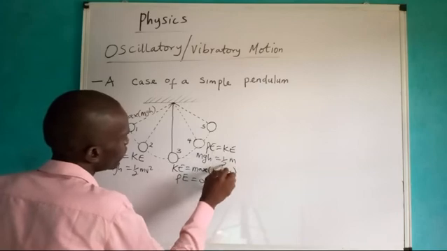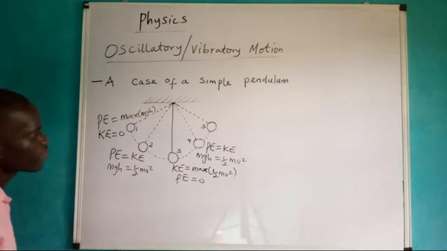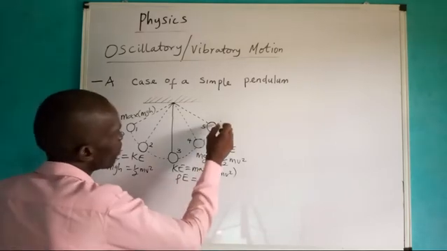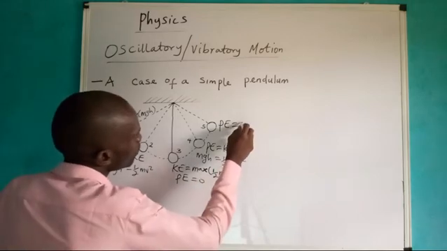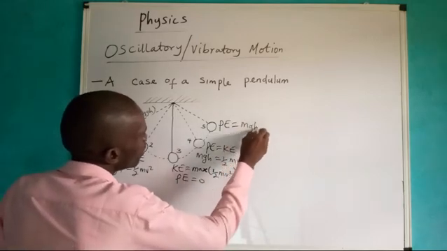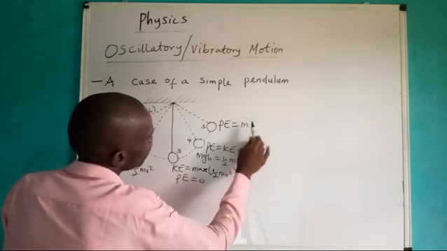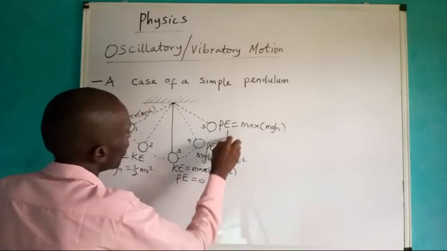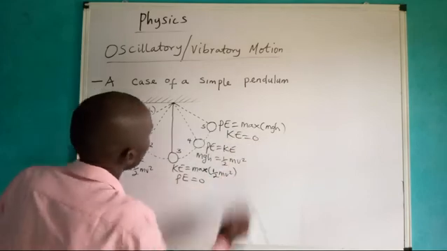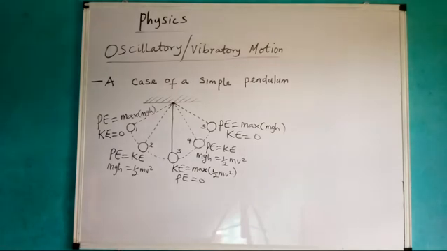For position 5, we have maximum PE, which, remember, is simply MGH. And the KE here is the minimum, no kinetic energy.